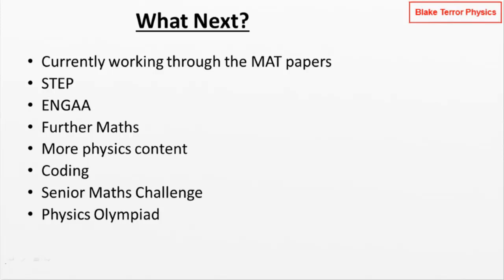So it's still rigorous, but it's not getting right into the depths of the weeds that some people might do if they want to become a real cutting edge computer programmer. So I'm going to do coding.